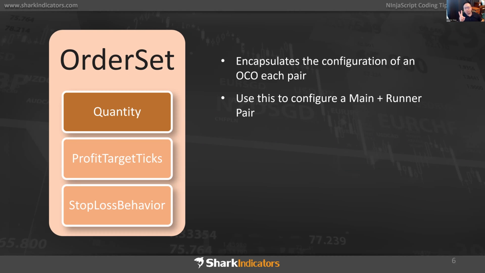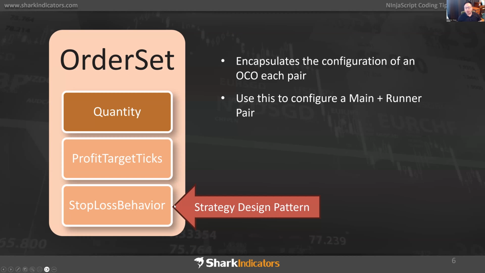That's two separate order sets, two different quantities. I made this up while building this, to keep it simple: describe how many ticks out the profit target is going to sit, and then have a strategy pattern describe how the stop loss is going to behave.